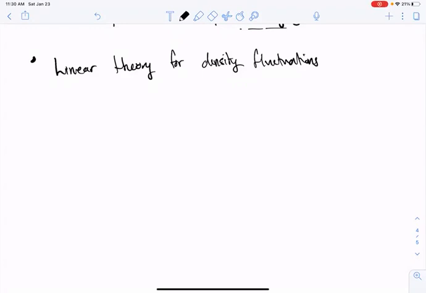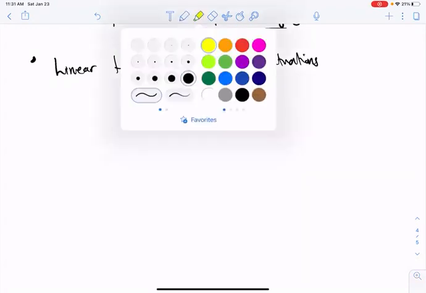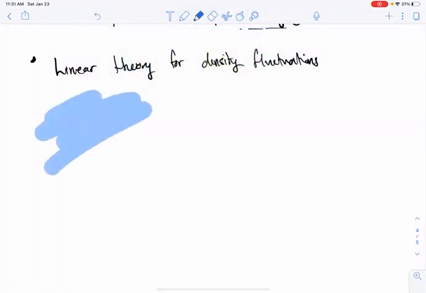So we're going to start first by imagining a fluid. Here's my fluid. There's a little region of my fluid.